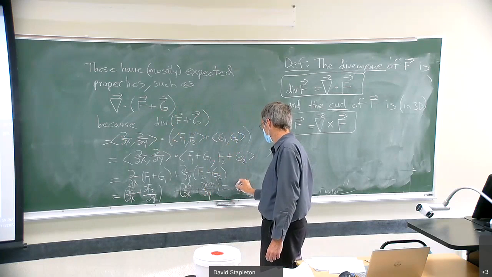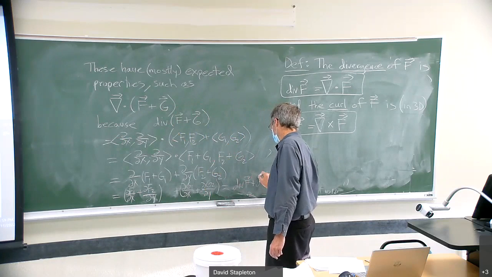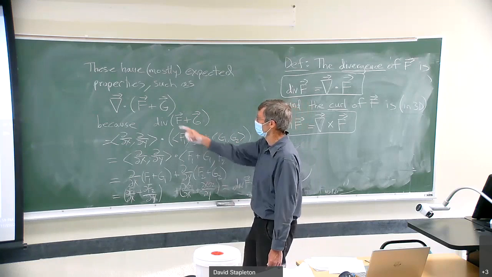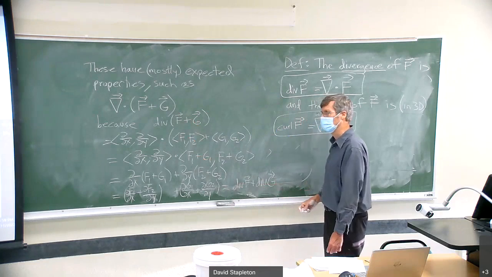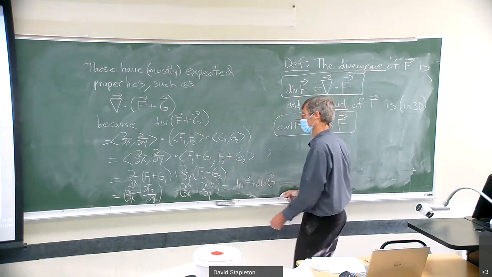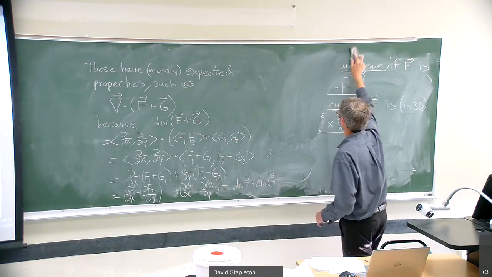And then this one is divergence of f plus divergence of g. So as you might have guessed, the divergence of the sum is the sum of the divergences. A lot of them are like that, and they're tedious to prove all of them. I just wanted to show you how they go. You do the other ones just like that. Most of them.